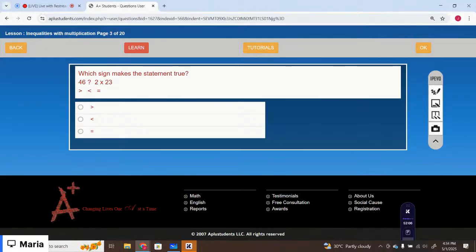Twenty-three times 2 is 46. So both sides are exactly equal. The correct option is equal.